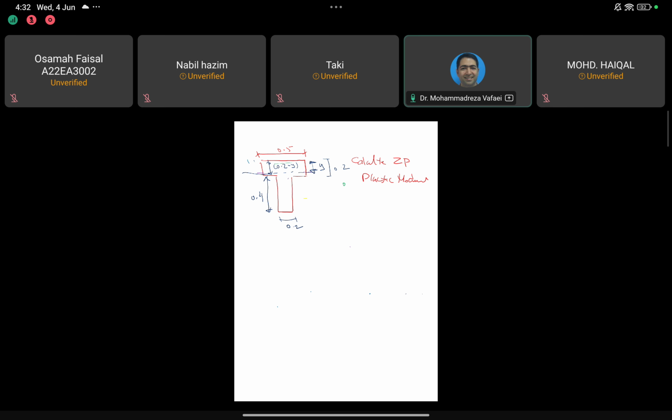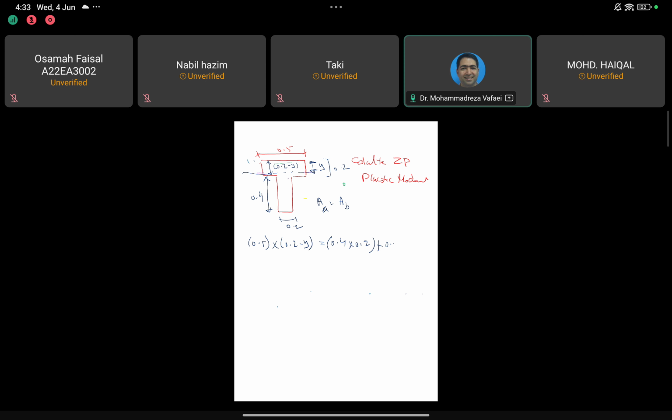So again, the area above should equal the area below. So the area above is 0.5 multiplied by 0.2 minus y, which is the height, should equal 0.4 multiplied by 0.2 plus that small area up there.